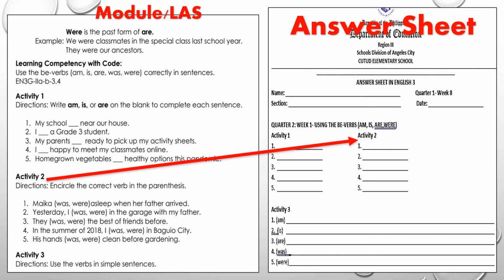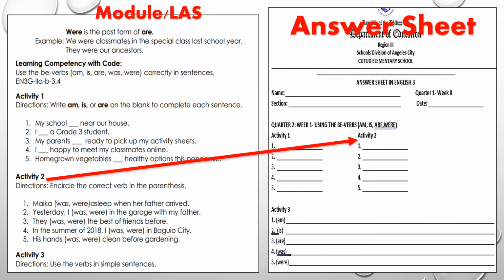So let's see. Number 1, Micah was, were, asleep when her father arrived. Micah was, were, asleep when her father arrived. So yan, dumating daw ang kanyang father.